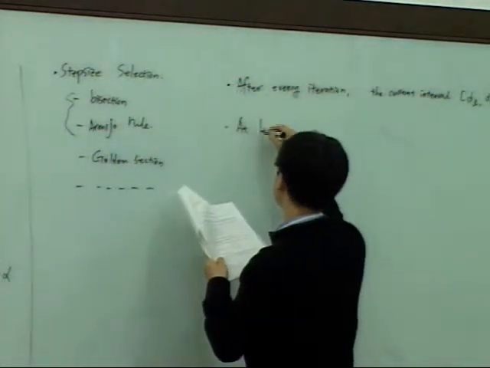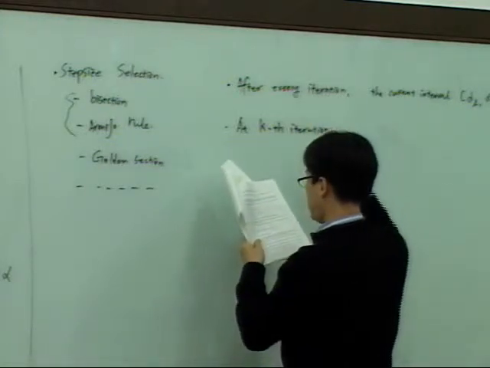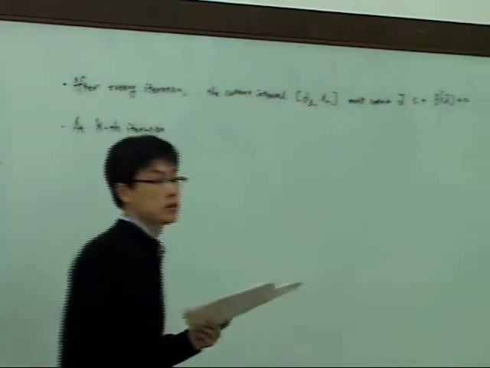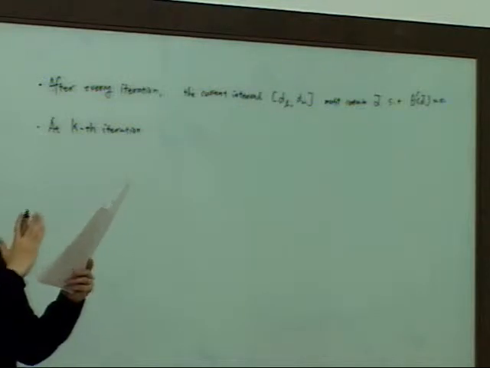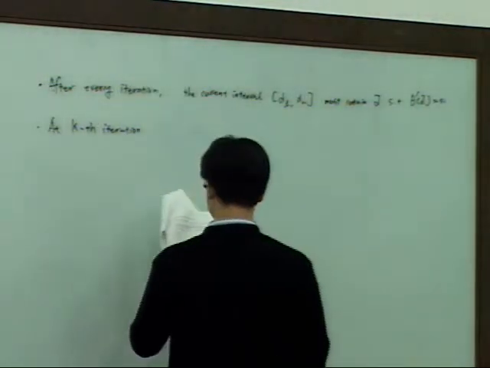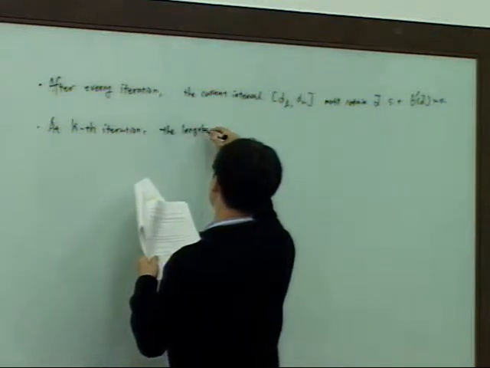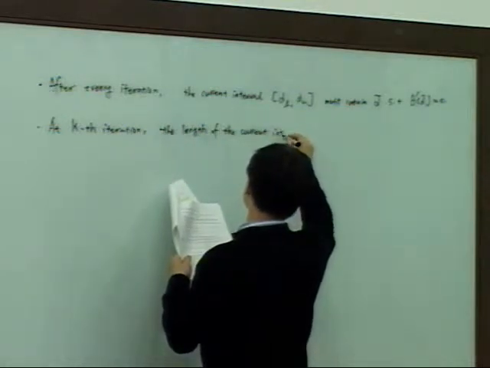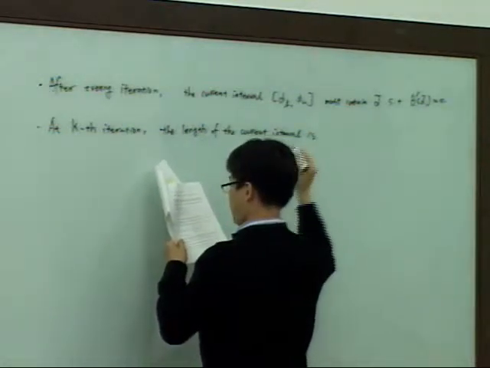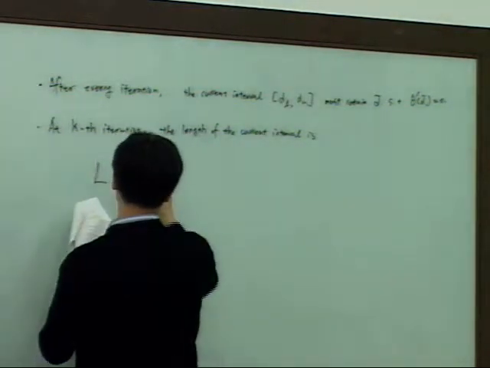And at k iterations of this bisection algorithm, in every iteration your range becomes just half of the previous range. Okay? The length of the current interval, let's say this is L, should just halve.